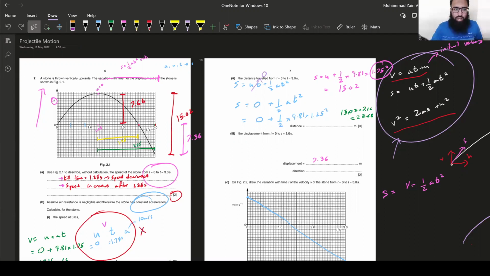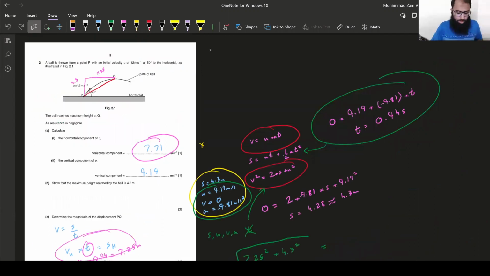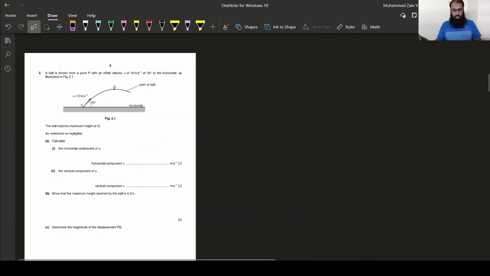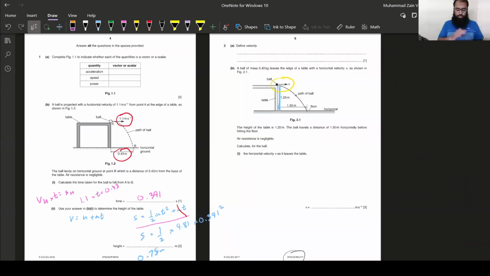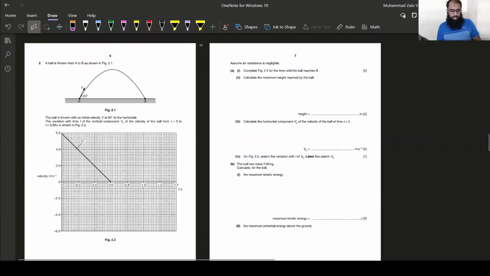The next type of question would be the first half, till it reaches its maximum height. That's the second type of question. And then the other type of question is where the object is at its maximum height and now it's moving towards the right side of the projectile. And then sometimes they merge both sides. So it's a full-fledged projectile motion question.